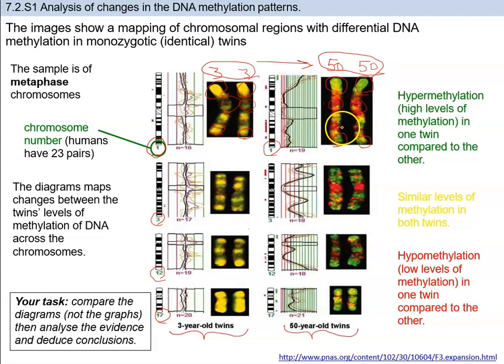You will see differences, like more red here and less red here. So this means that this twin has more methylation than this one, because red shows hypo, meaning a lower level of methylation. This kind of comparison you can do.